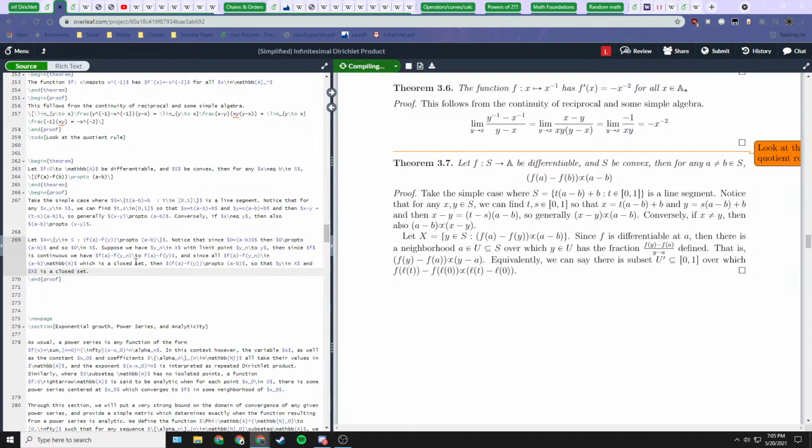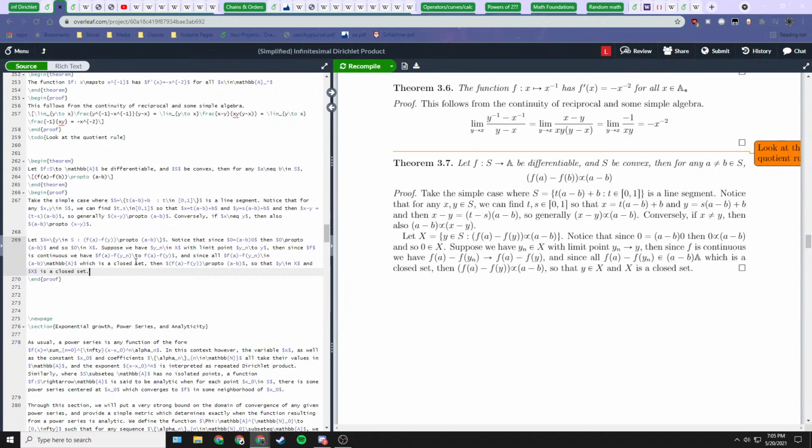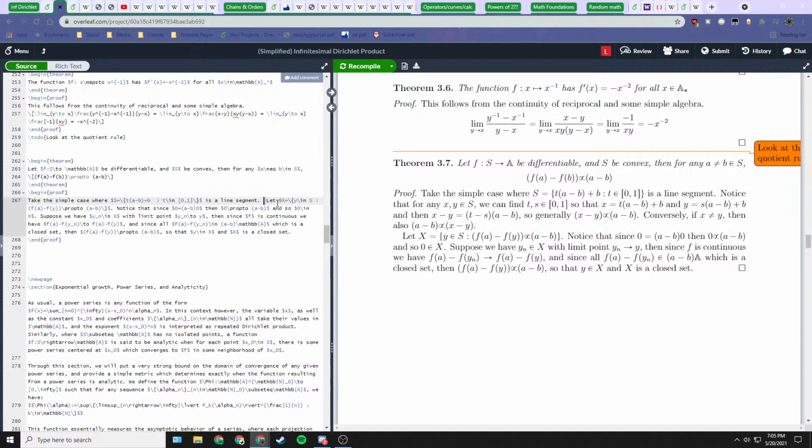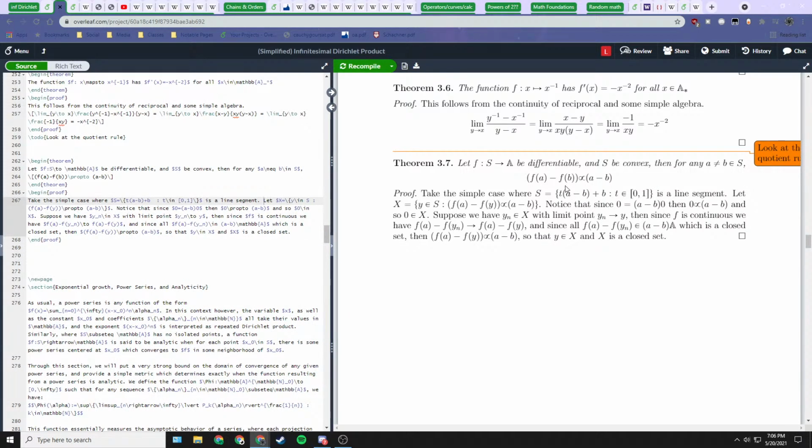Next we want to prove that it's an open set also. Take the simple case where S is a line segment. If this is true for all the line segments, then of course it'll be true in general.